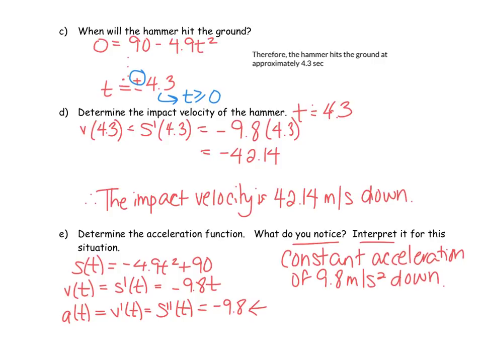And what this means, or interpreting this, is that this is actually the acceleration due to gravity, so it should be familiar to us. So let's just go ahead and write that. This is the acceleration due to gravity.